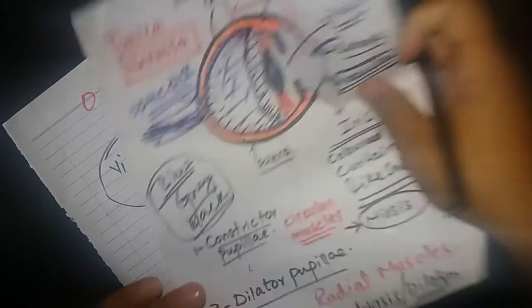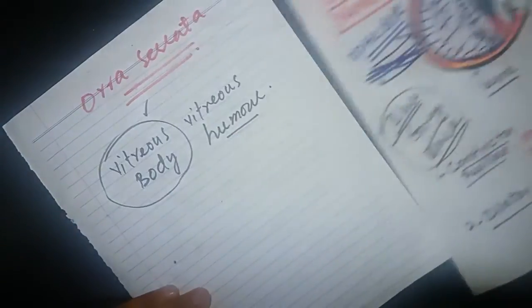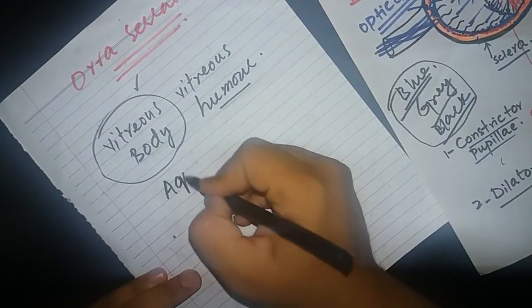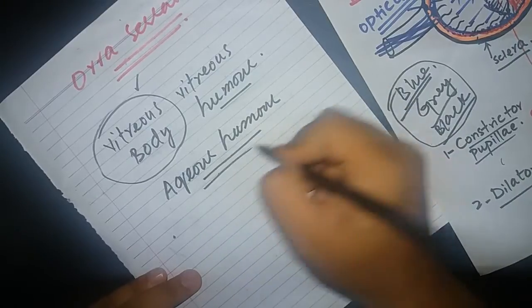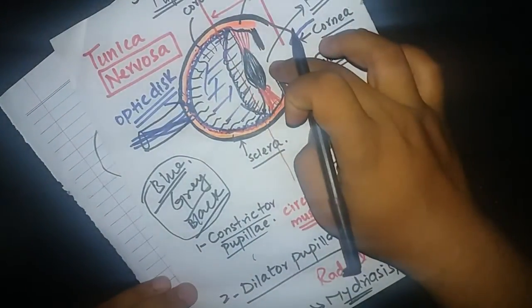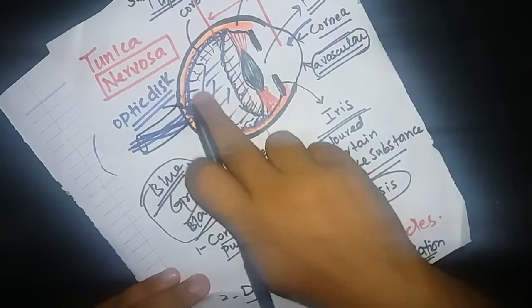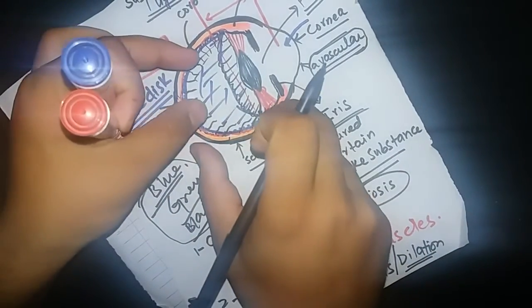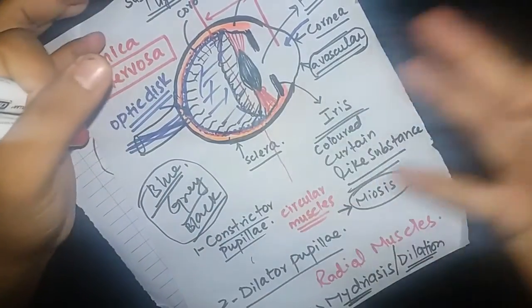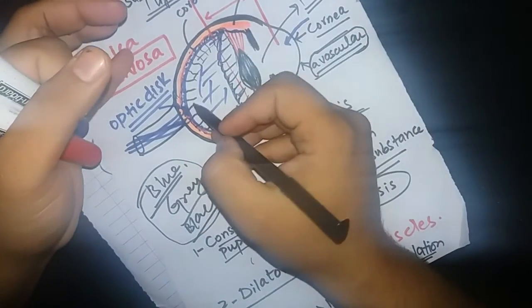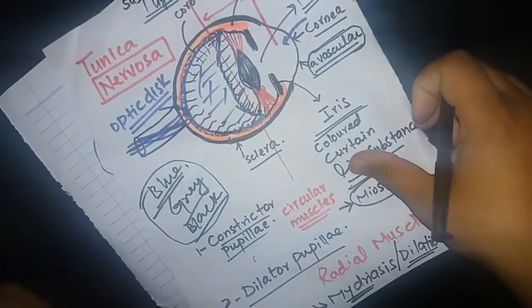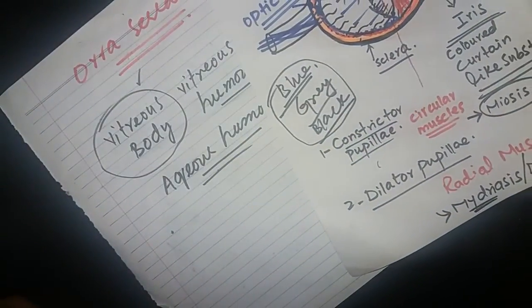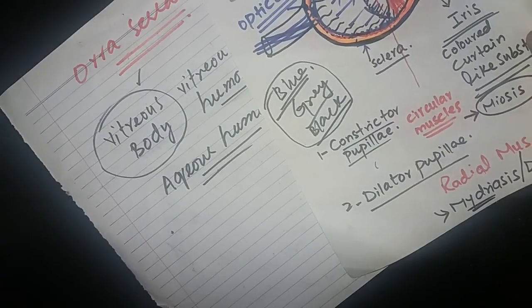And this portion also contains a fluid, known as aqueous humor. This maintains the pressure and the shape of the eye. When more pressure is applied on the eye, it will block the optic disc and a disease occurs, which I will discuss in the diseases of the eye.